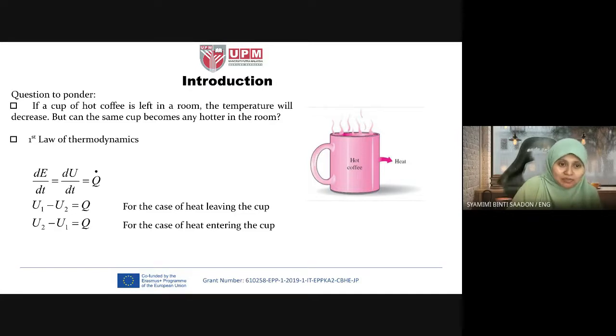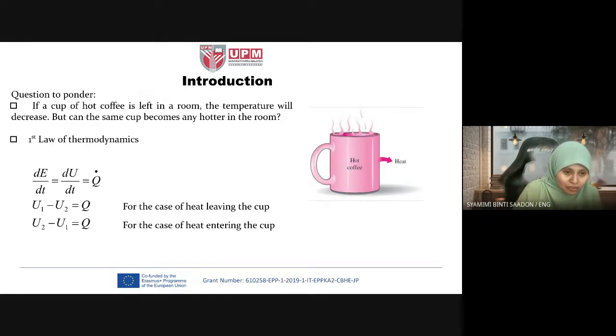So first, the temperature of the hot coffee will decrease, as if it dissipates the heat to the environment surrounding it in the room, around the hot coffee cup. But the reverse process cannot occur without any extra appliances. Naturally, the reverse process cannot occur. The same cup cannot become any hotter.